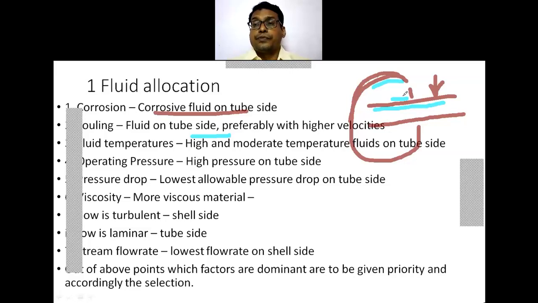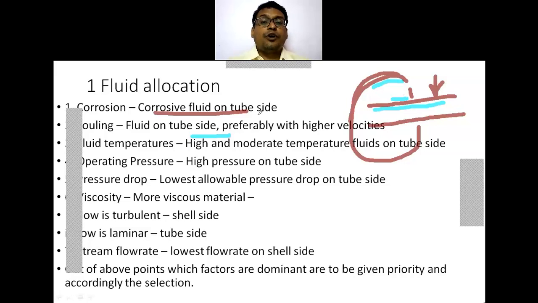The inner surface of the tubes can be easily cleaned. The outer surface of the tubes, which is accommodated inside the shell with a certain pitch, is more difficult to clean. For cleaning, it can be chemical cleaning, or you can use high pressure nozzles for cleaning the outer or inner surfaces of the tube.